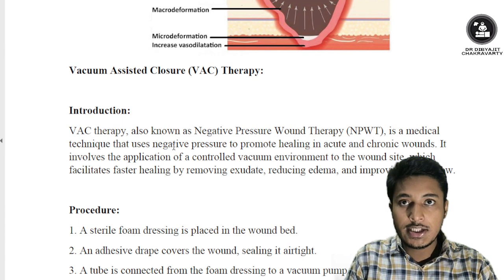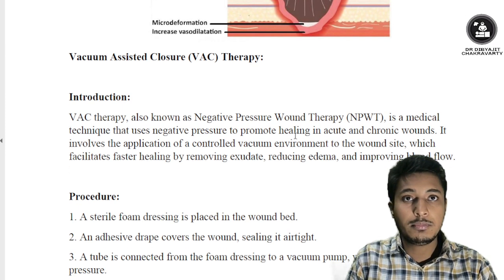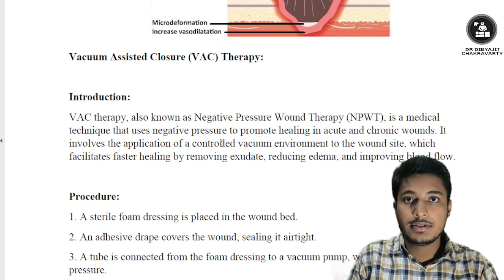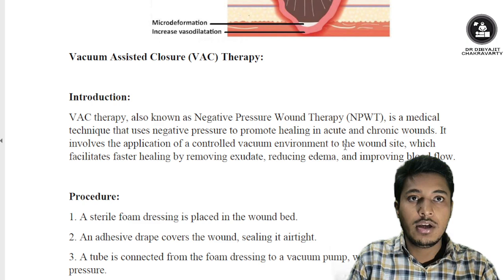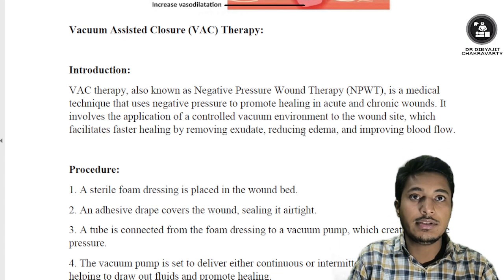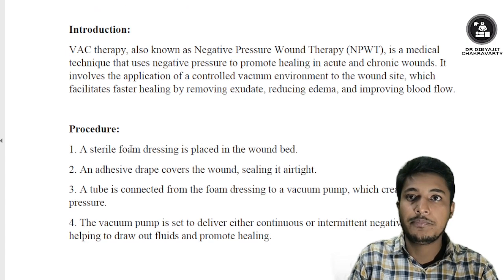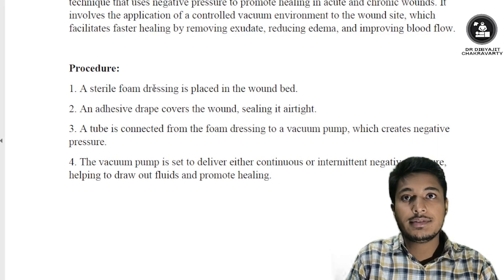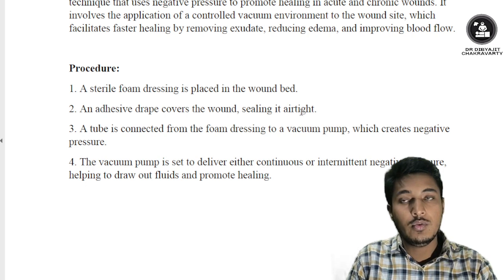It is a medical technique that uses negative pressure to promote healing in acute and chronic wounds. It involves the application of a controlled vacuum environment to the wound site, which facilitates faster healing by removing exudates, reducing edema, and improving the blood flow. Procedure: first, we have to apply a sterile dressing in the wound bed.